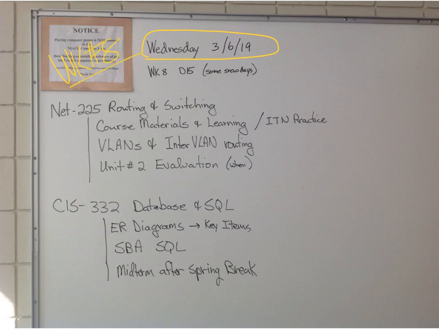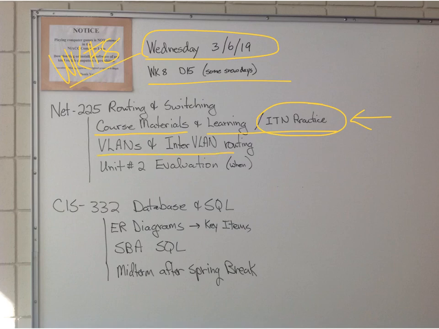Wrapping up here for spring break and midterm. Routing, switching. We reviewed some of the, briefly, course materials. This was due, but it wasn't in the modules, so students, you don't need to complete that before midterm.